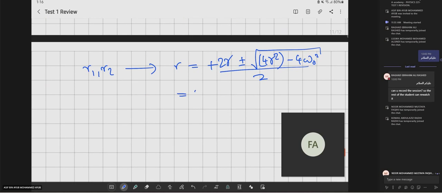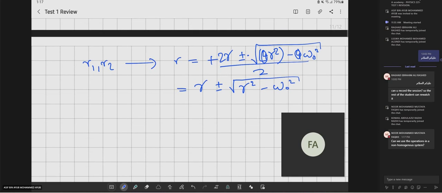If I take the 4 outside, it becomes 2 and cancels with the 2 in the denominator. So I'll have minus gamma plus or minus the square root of gamma squared minus omega naught squared.